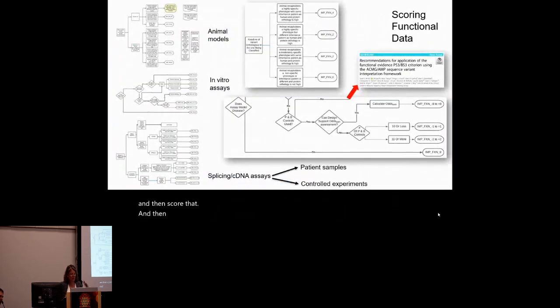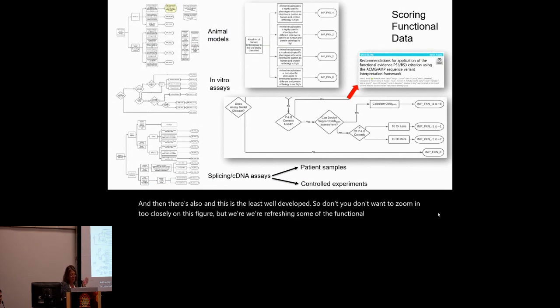And then there's also, and this is the least well-developed, so you don't want to zoom in too closely on this figure, but we're refreshing some of the functional assays and how we score them, and how many controls need to be there for benign and functional, and giving point values based on the extent of validation, as well as the odds ratio of that data compared to controls, and giving guidance on how to score that.